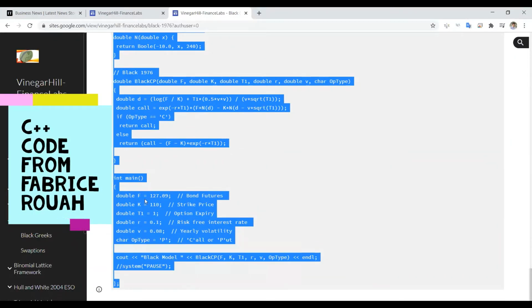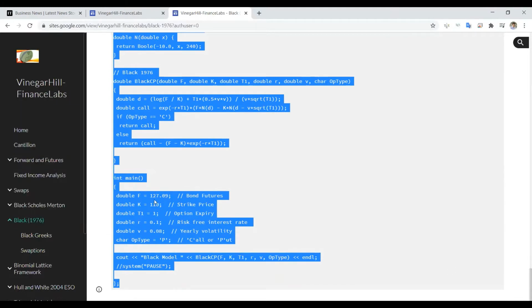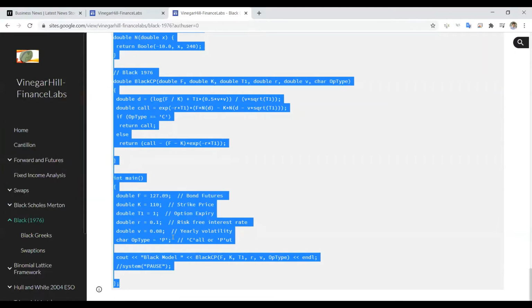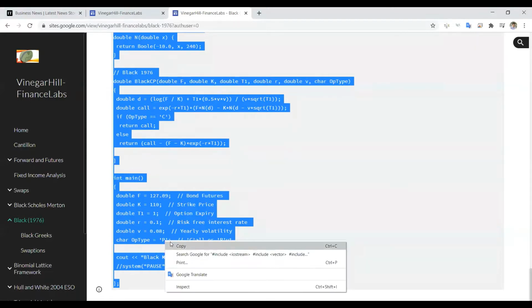And you might note here, we've already incorporated 127.09 for the futures price, K equal to 110, the maturity of the contract is 1 year, the risk-free rate 10%, volatility 8%. And then in our estimation, we designate, is it a put or is it a call? So we go with P here because we want to value a put option. Okay, so we copy that.